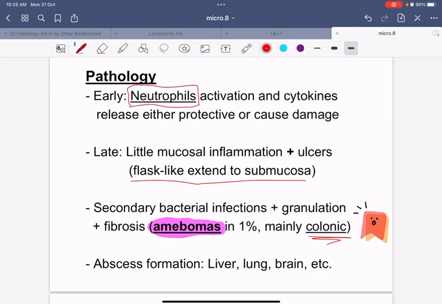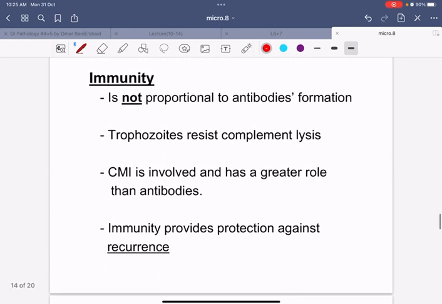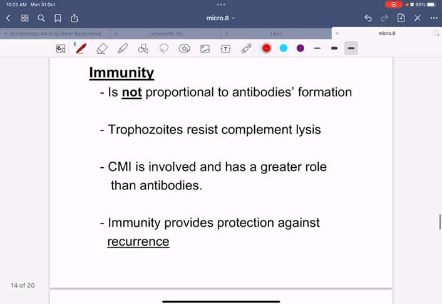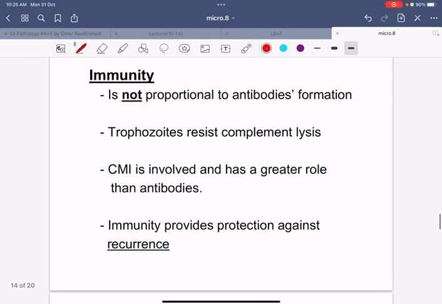Immunity is not proportional to the antibody formation, and immunity is not protective. Trophozoites resist complement lysis. This is another point.